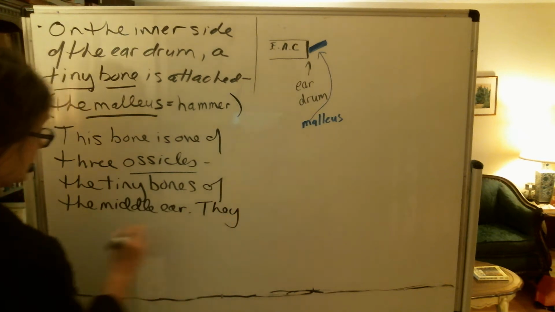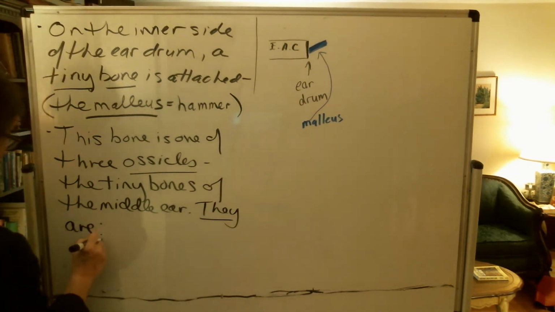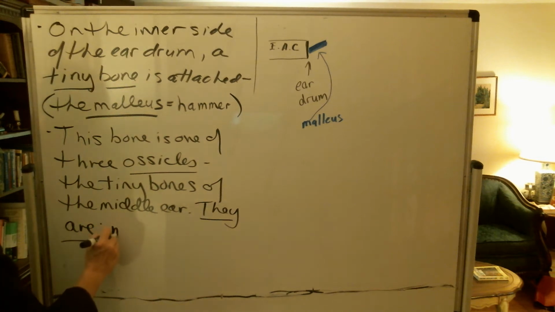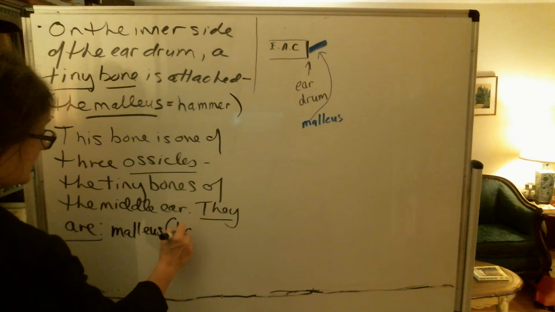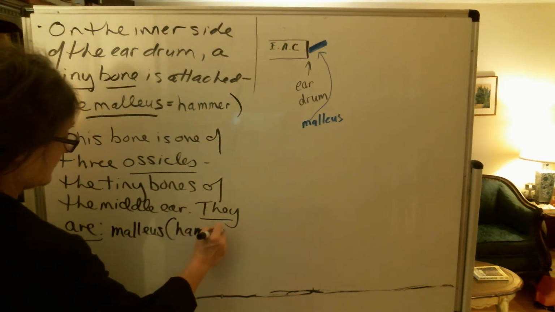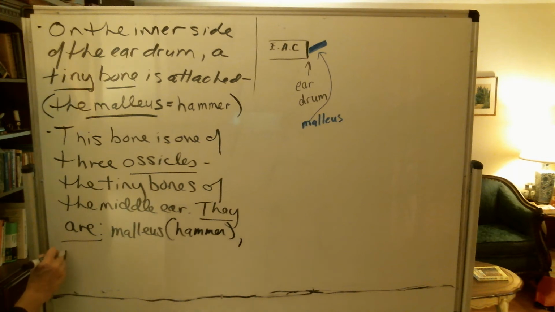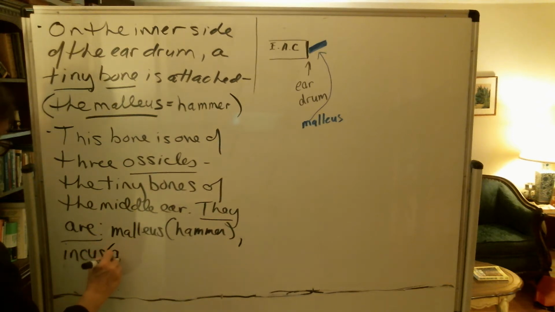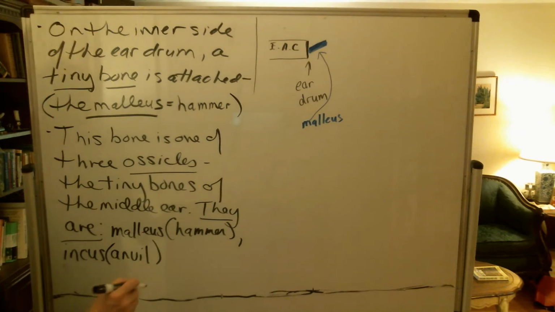So the ossicles are then first, the malleus, the hammer, then the incus, that's a C, that is to say the anvil.